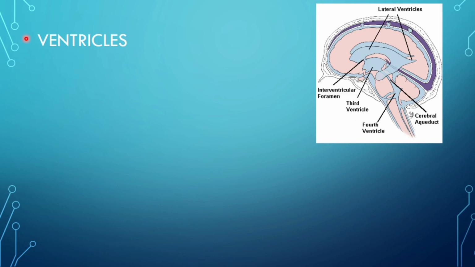So earlier on we mentioned that there were some holes in the brain. If you remember back, we saw a coronal section of the brain when we were looking at deeper structures, and I mentioned these holes. So these are the ventricles. Essentially the brain and the spinal cord develop from a tube.